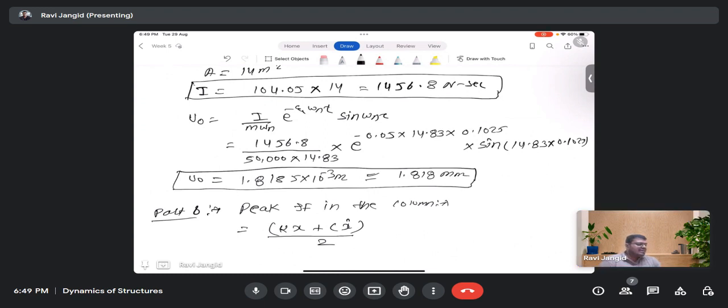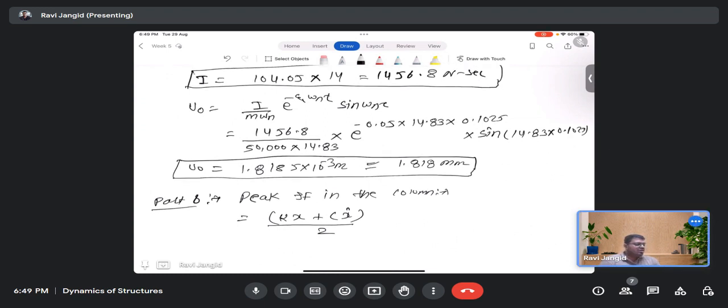So here I can represent it either this way, or I can calculate m x double dot by 2. Initially what was my equation? m u double dot plus k u is equal to 0. So I can find out the force either as k u or as m u double dot.